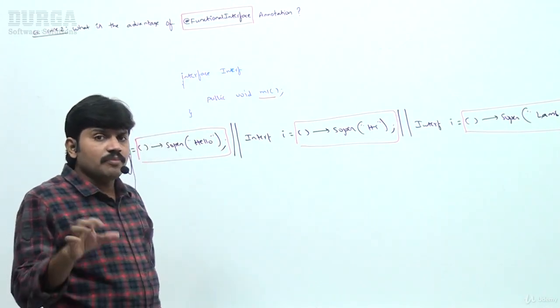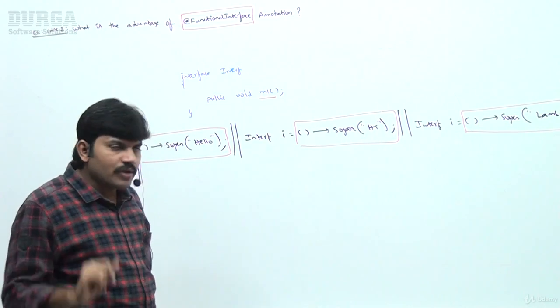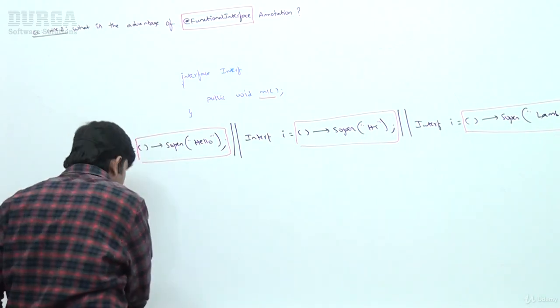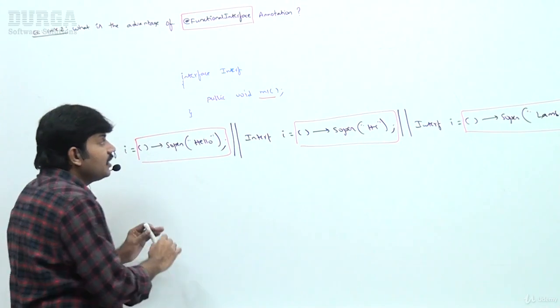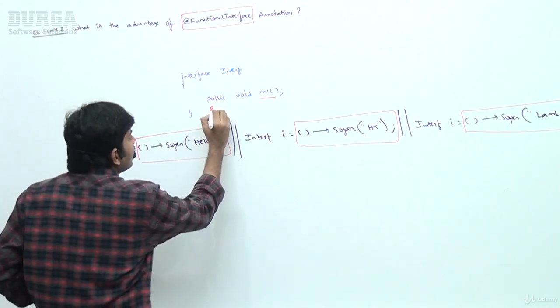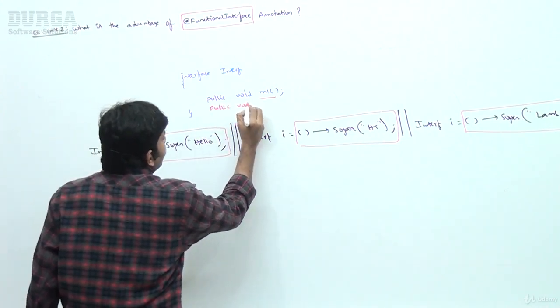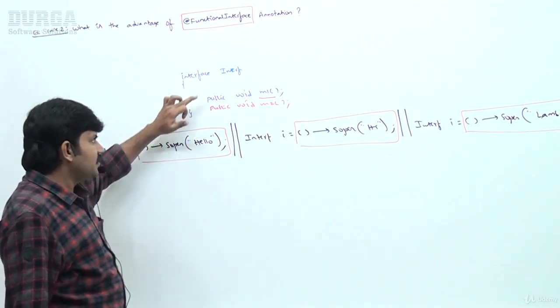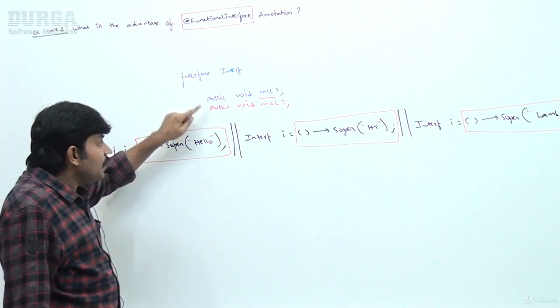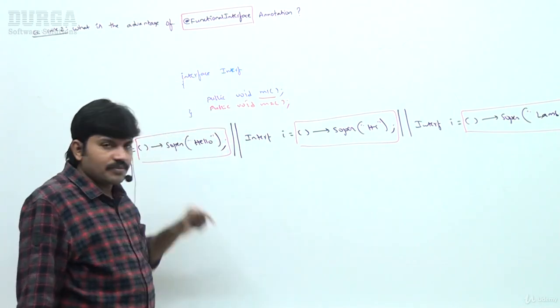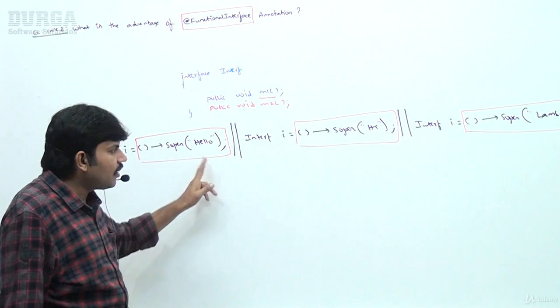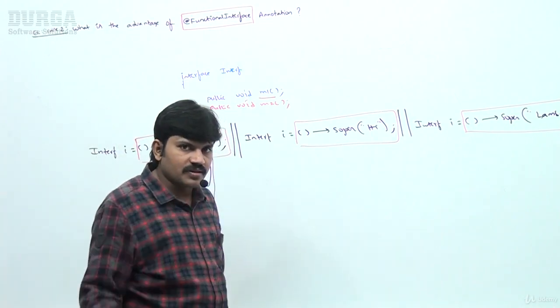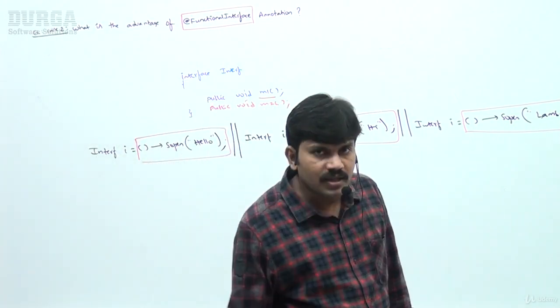But, sir, tomorrow by mistake a person comes and tries to add another abstract method inside this interface. If any person adds this abstract method by mistake, all these lambda expressions won't work, sir. Immediately we are going to get incompatible types.